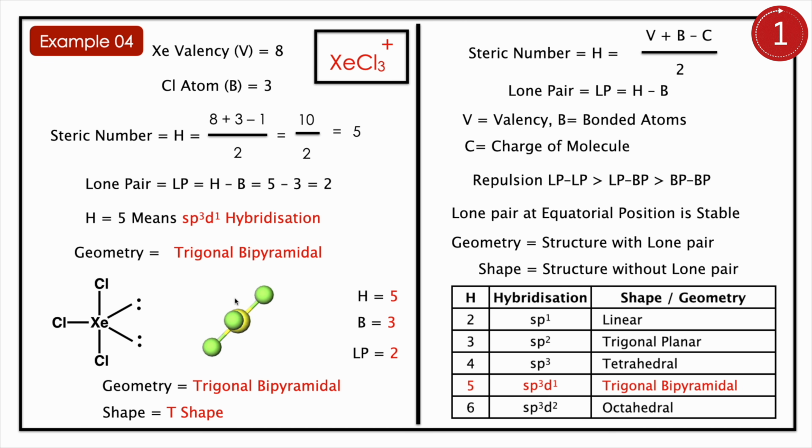So H is 5, meaning sp3d1 hybridization, which is trigonal bipyramidal. You have two lone pairs. Lone pairs occupy the equatorial position. So with lone pairs in equatorial, the 3 chlorines form a T-like position. Geometry will be trigonal bipyramidal. Shape will be T-shape. So the shape of XeCl3 plus is T-shape.